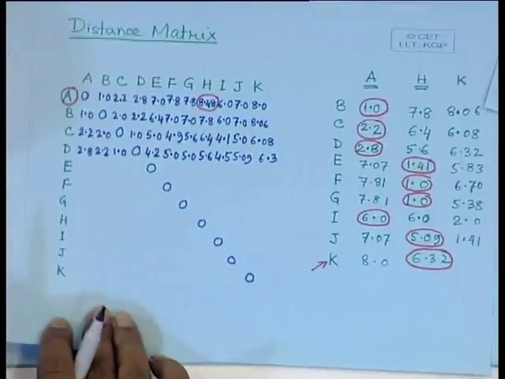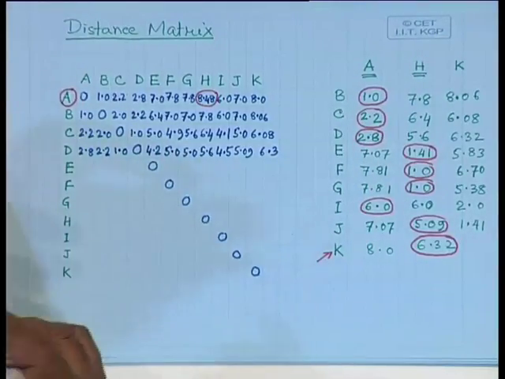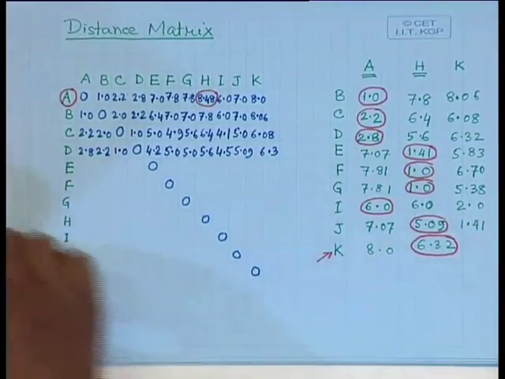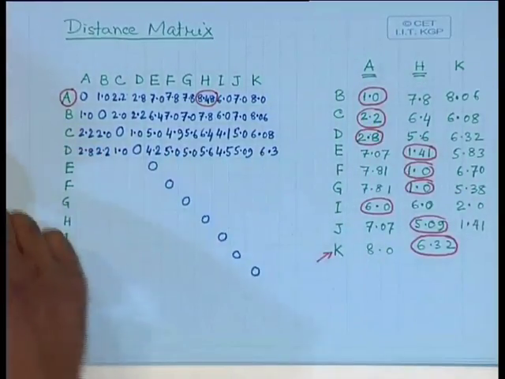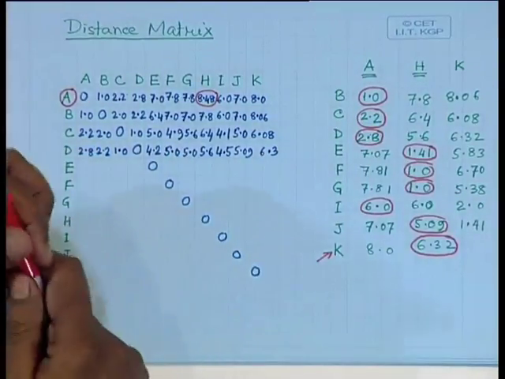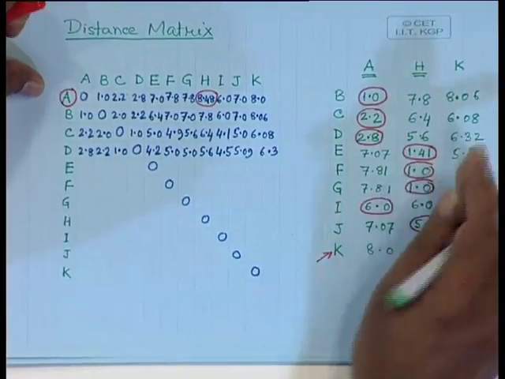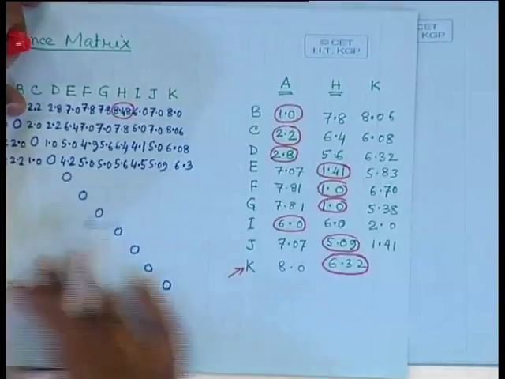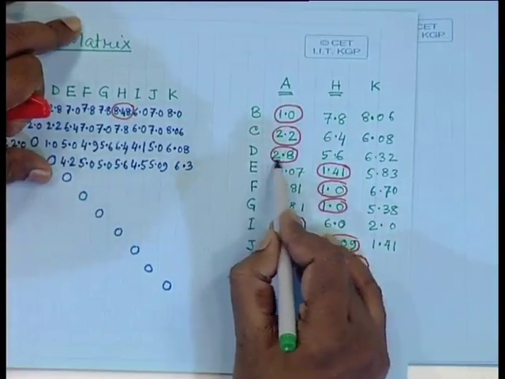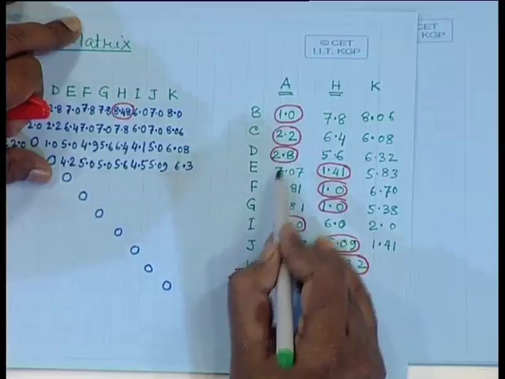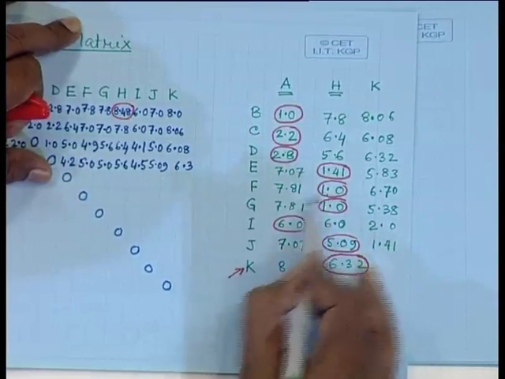Okay. So, once I have all these different distances, when I again take the minimum for each of them, in the first case the minimum remains 1.0, the minimum of all these three distances. In the second case the minimum remains 2.2, in the third case 2.8, here 1.4, here 1.0, and here also 1.0.